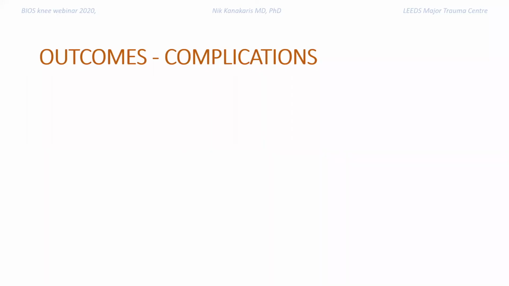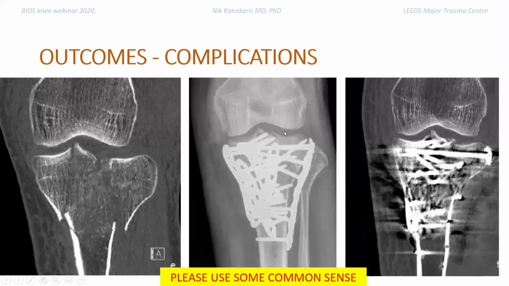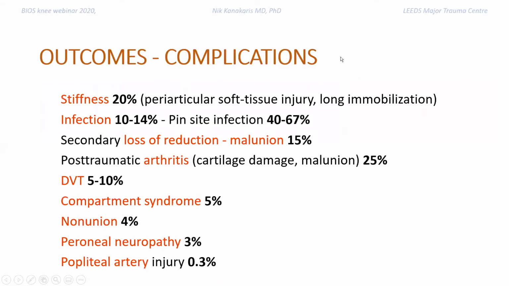As far as the outcomes, you need to be reasonable in how you approach these fractures and in the fixation as well, especially for a relatively simple fracture. Some stiffness, infections, especially if you go in bad timings as published.